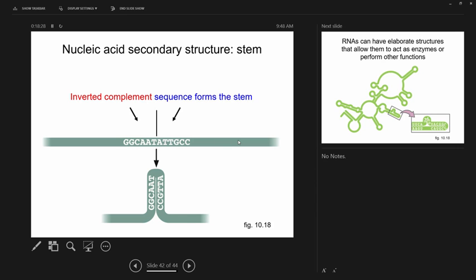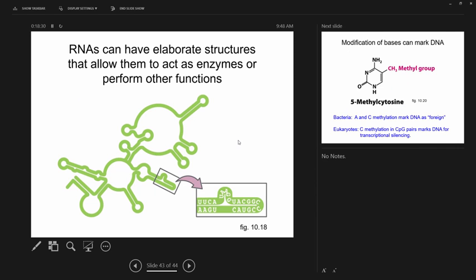So these are involved in regulatory functions. So we talked about RNAs being able to be turned on or off for translation. You can get some kind of a big structure like this at the 5' end of a messenger RNA that will actually help determine whether it can be translated or not.